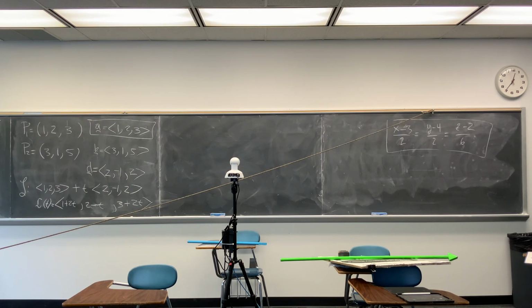Make it blue, 2, -1, 2. When you're done, make it show up, and spin it around. There's kind of your A plus D.